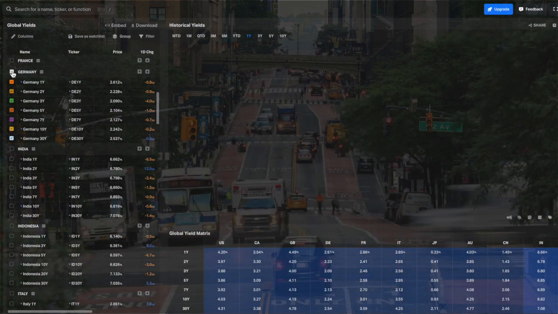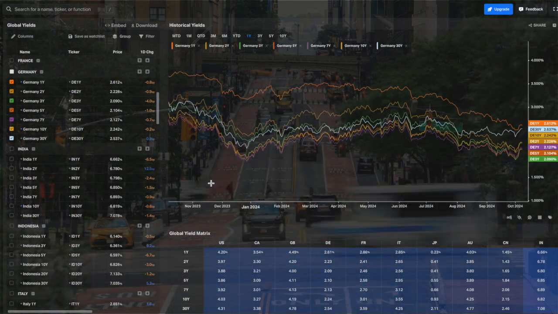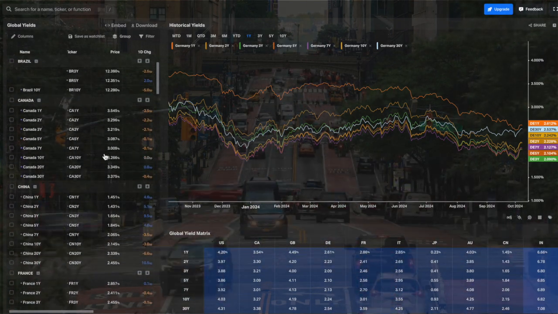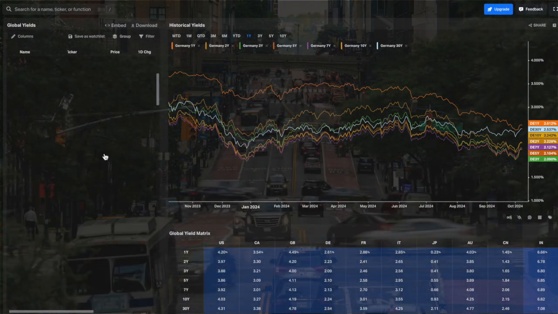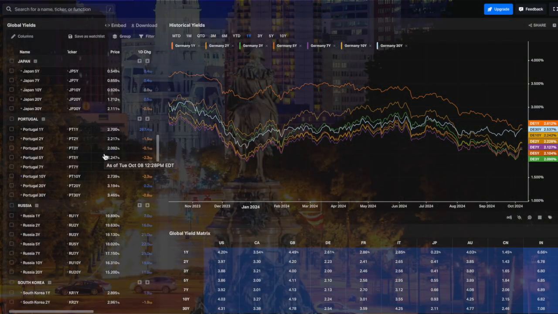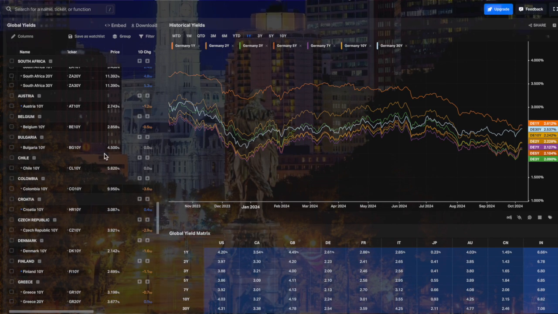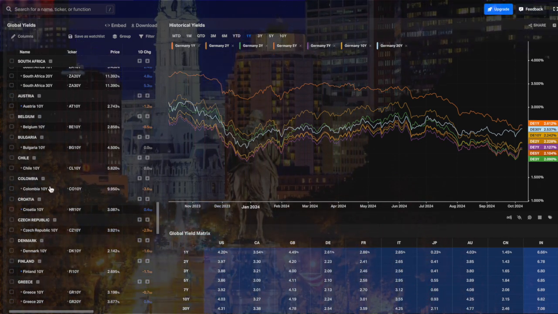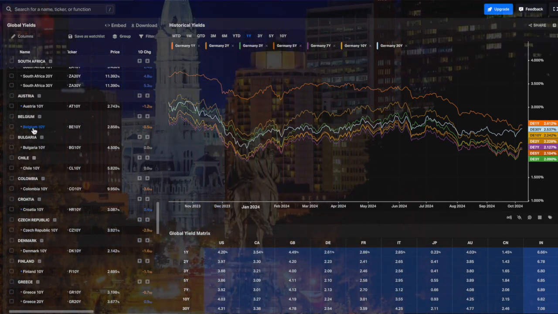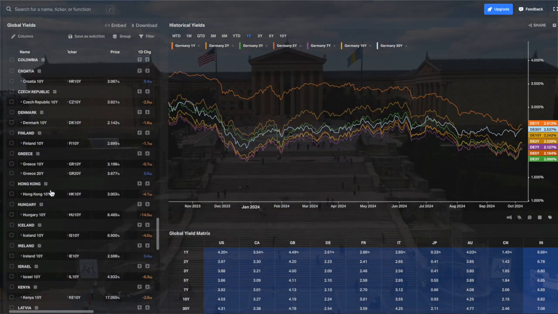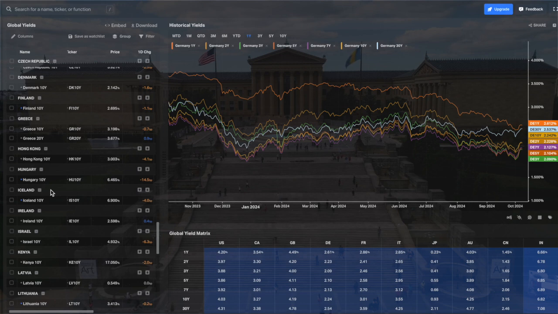Germany, let's have a look. Germany around the 2%. We have France, China, Canada, Brazil, Australia, and then you can even find a lot more countries with fewer maturities, right? So we have Austria, Belgium, Bulgaria, Chile, Colombia, Croatia, the Czech Republic, Denmark, Finland, Greece.